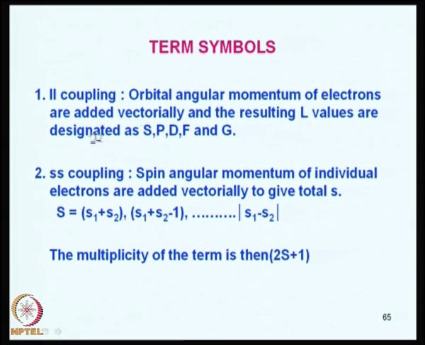Orbital angular momentum of electrons are added vectorially and the resulting L values are designated as capital S, capital P, capital D, capital F, etc. Similarly, SS coupling involves only the spin angular momentum of the individual electrons and they are added vectorially to give S1 plus S2, S1 plus S2 minus 1, etc., until you get S1 minus S2. So, the multiplicity of the term is 2S plus 1, that is so many spectral lines with differing energy are possible.